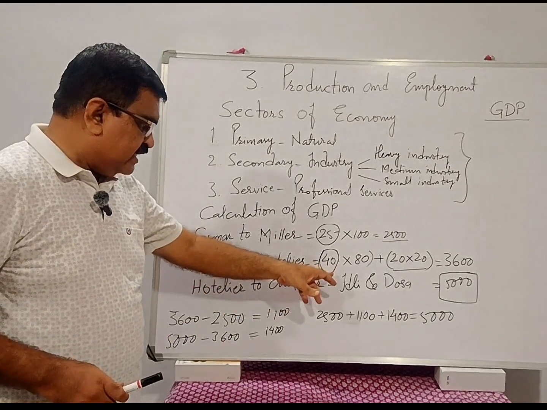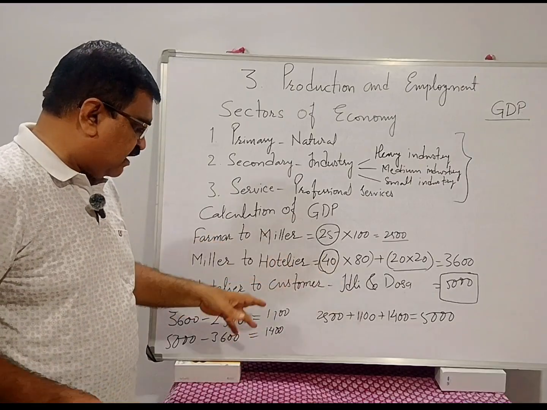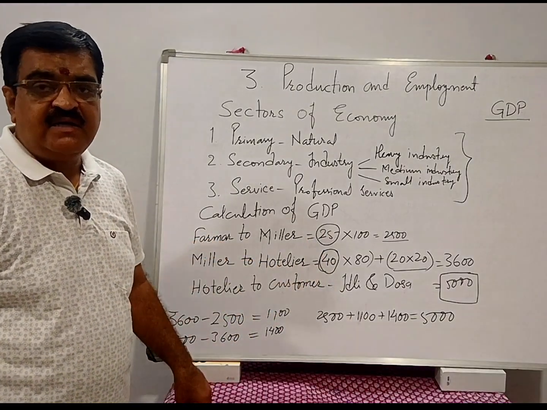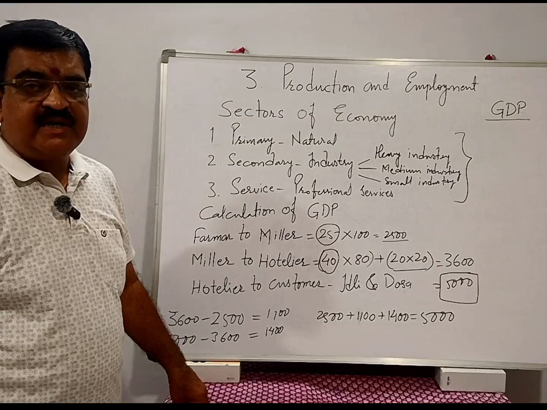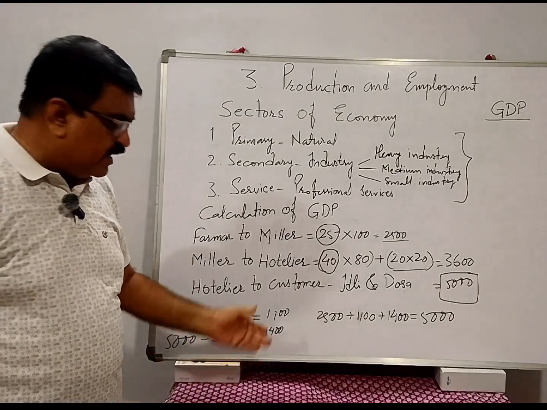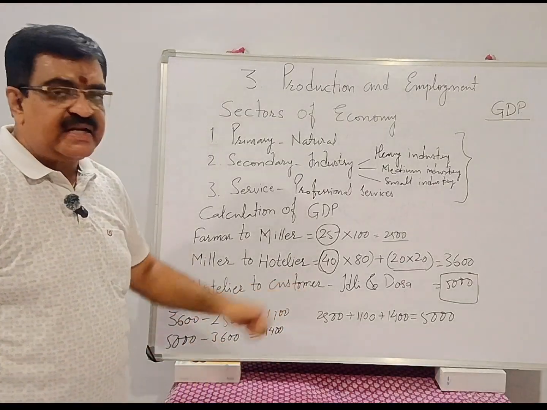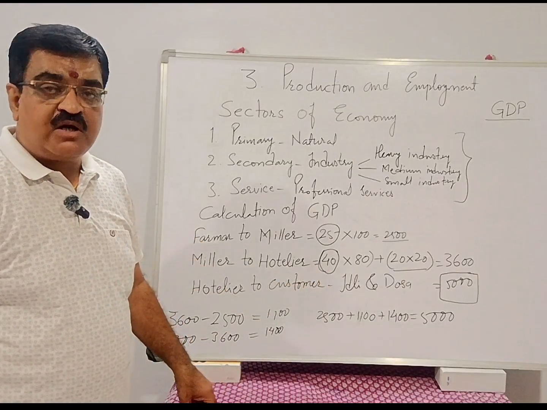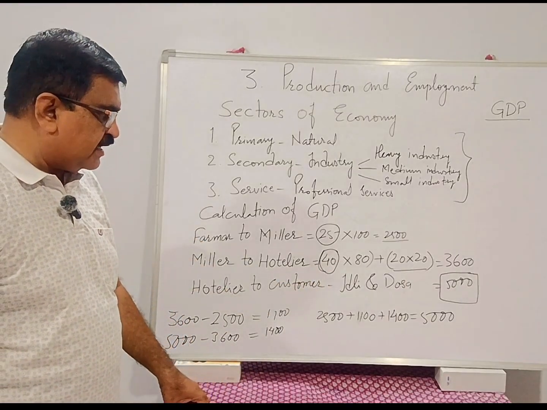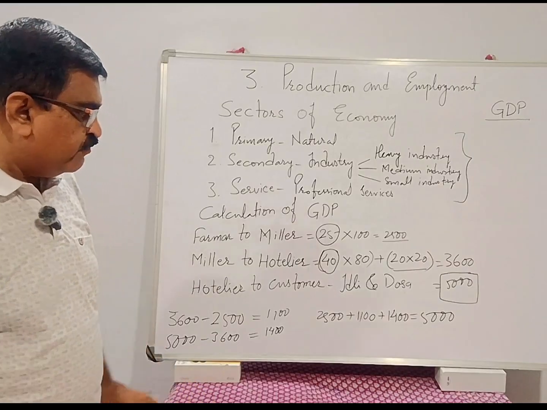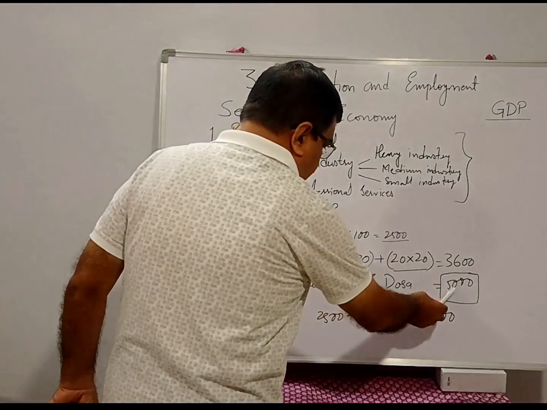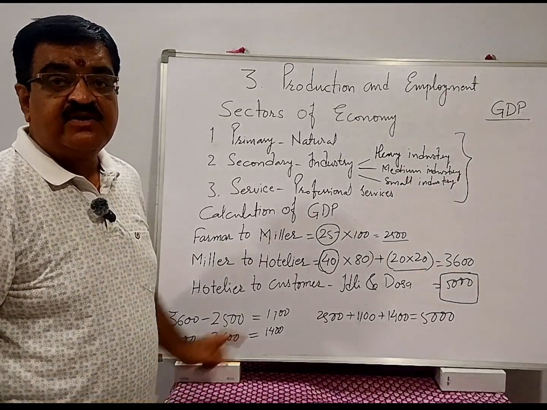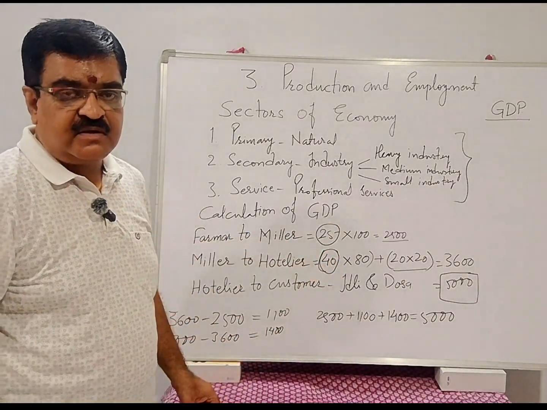So rice becomes an intermediate good when it is converted into idli and dosa. Likewise, the double calculation of raw material and intermediate goods should not be done. To avoid all those double calculations, what will we do? We will consider the cost of only the final product.